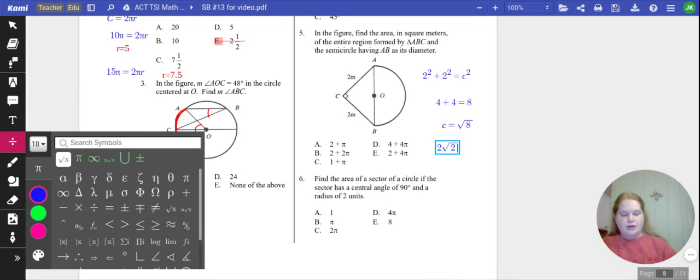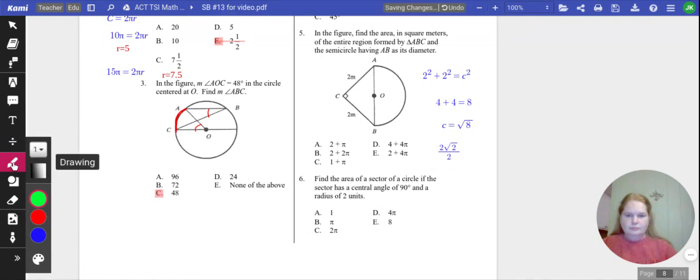And I want to divide that by 2. Well, that means that these will cancel, and the radius is square root of 2 long. That's the radius of the circle.